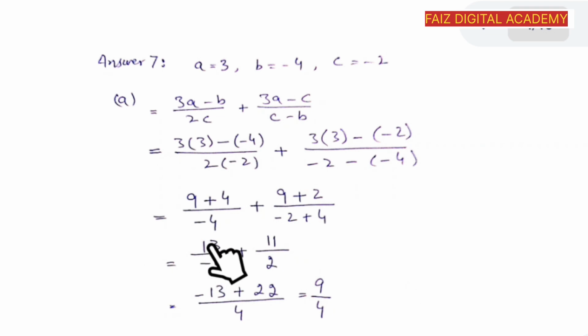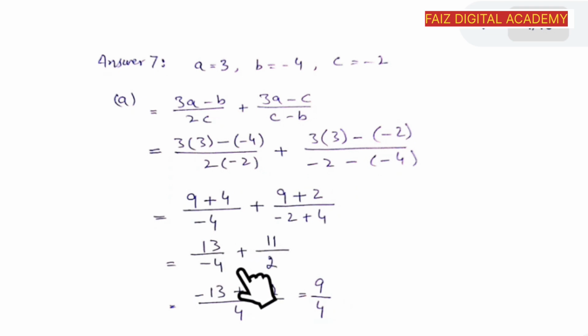So plus plus is plus, so 9 plus 4 is 13, minus 4 is written as such, then 9 plus 2 is 11, and then plus minus minus, we have to subtract 2 from 4 and its answer is 2, but this 2 contains the positive sign because the bigger number had the positive sign.